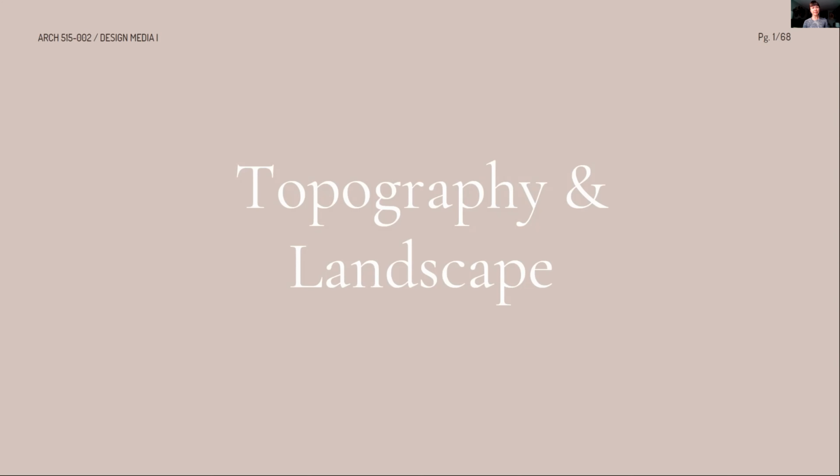Oftentimes in landscape, especially when we're working in urban areas, when you do see dramatic high landscape forms, oftentimes the inside is composed of foam to build up with a layer of soil over top, unless there's a really strong foundation.